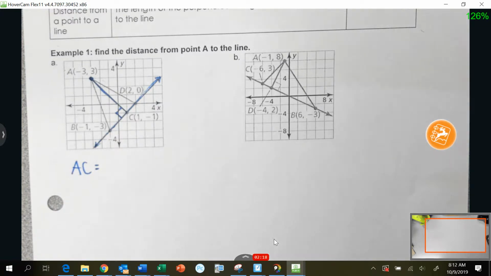It was in chapter 1. We've done the distance formula in chapter 1. Now, do you remember it? I don't know about that, but we definitely did it. We also did the midpoint at the same time.